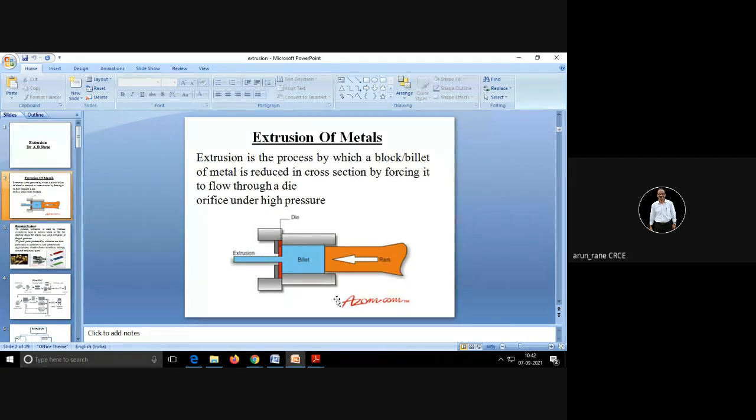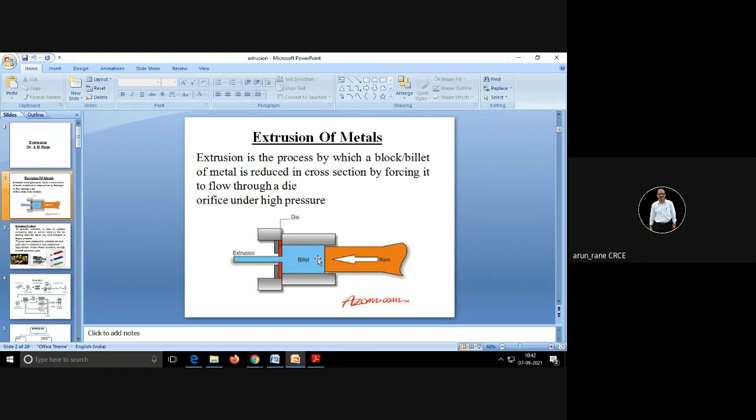So here you have the ram, and this is a die, that red colored die, and the raw material is called a billet, or it is also called a slug. Slug means the quantity or weight of the component is small.